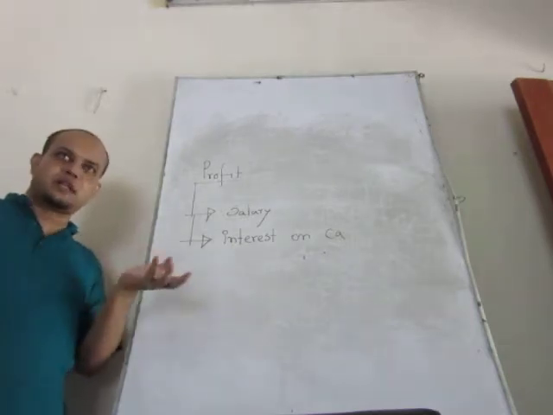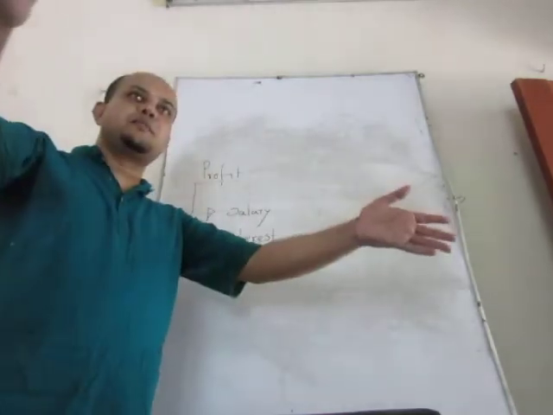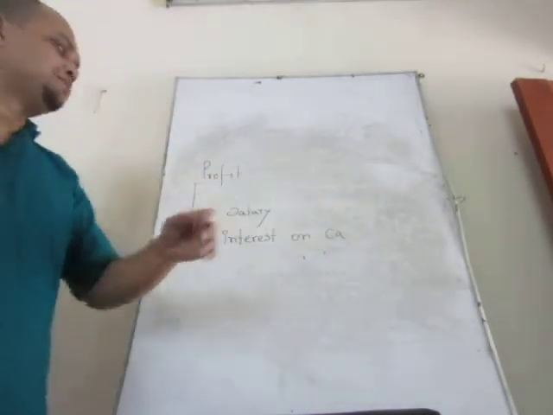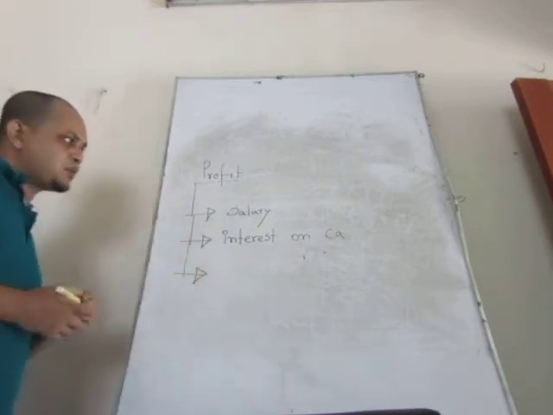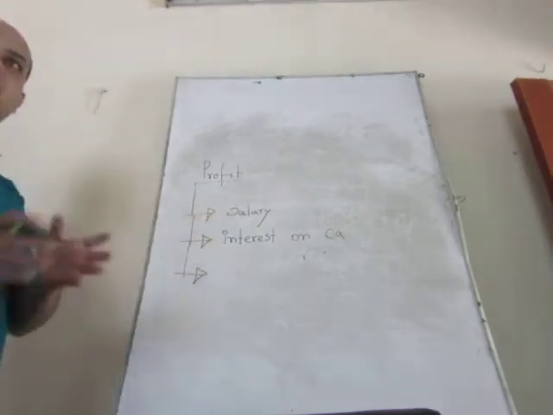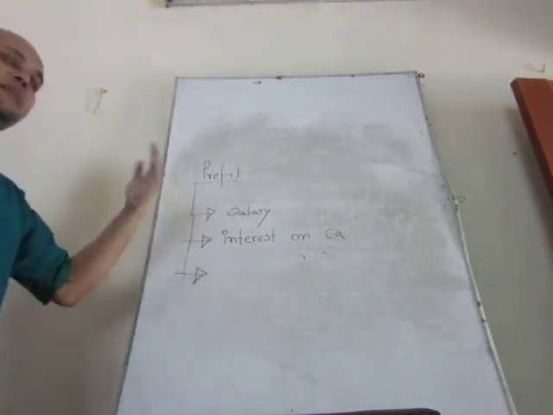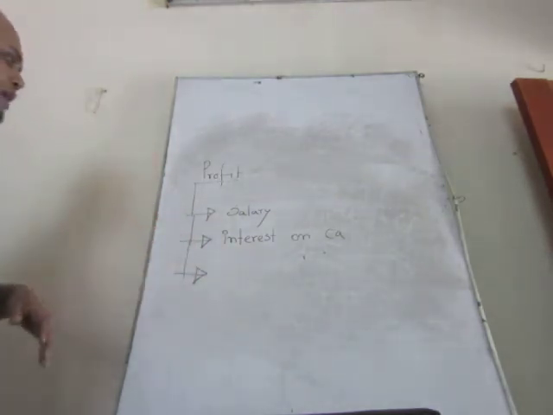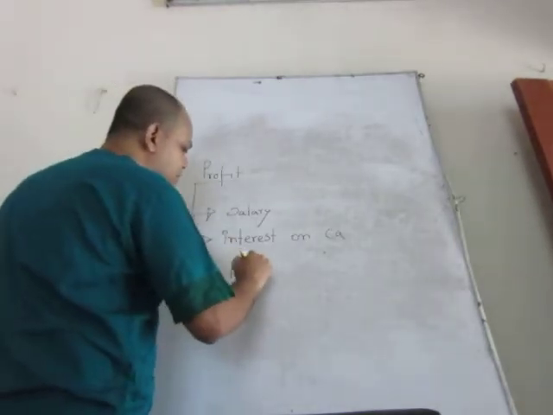So 10% of 100 and 10% of 200. That is interest on capital we can distribute between the partners from the profit. These are the two different ways we can distribute or apportion the profit between the partners. The remaining profit will be distributed between the partners according to the PSR.